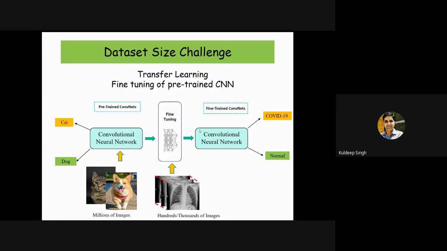That's why the starting layers of any pre-trained convnets are frozen. Only the later layers, which are responsible for extracting high level features like detailed features in the chest X-ray images, are retrained. And for training one or two or three last layers, the data available with us is sufficient.